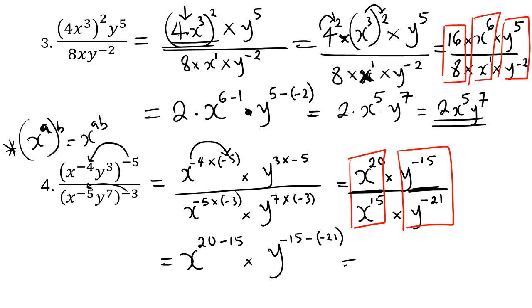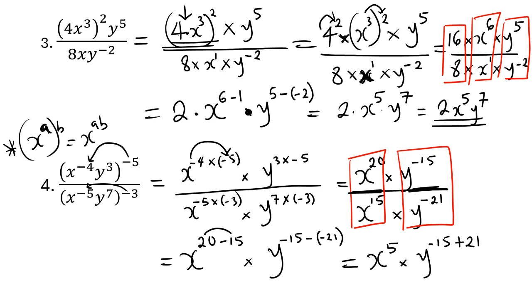All right, so this is going to lead us to x to the power of 20 minus 15, which is 5, multiplied by y to the negative 15 plus 21. We got 21 because of the double negative signs, the minus and negative.